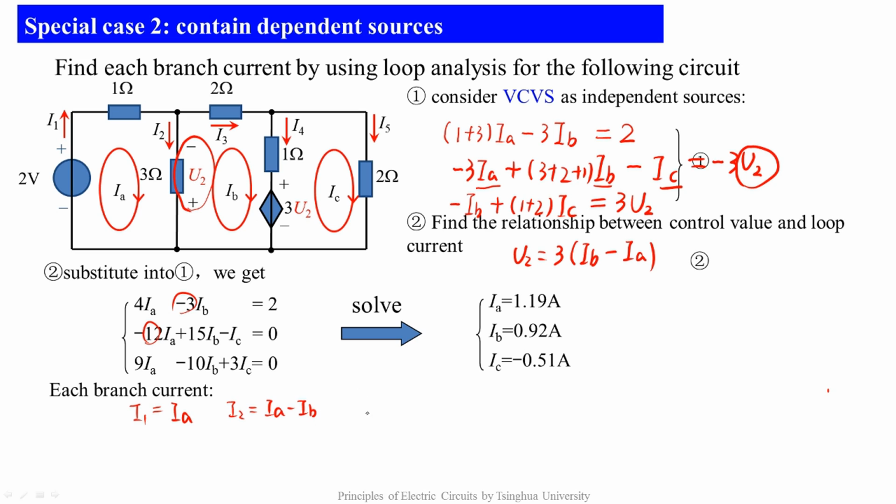Notice that only IB flows through I3, so I3 equals IB, I4 equals IB minus IC, and I5 equals IC. Now the whole circuit is solved.